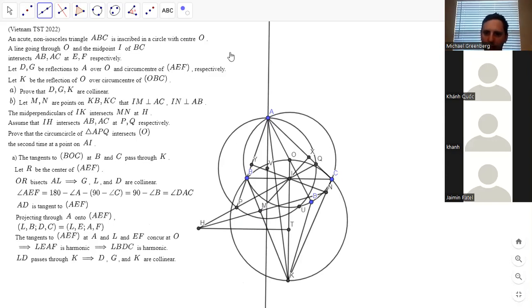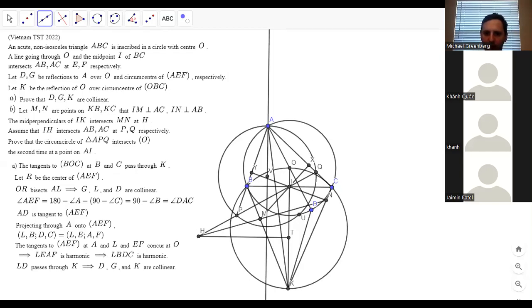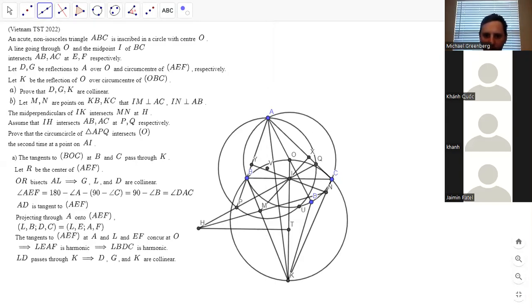We just need to prove PQ is perpendicular to AB. Let me think about that. How did you get that?